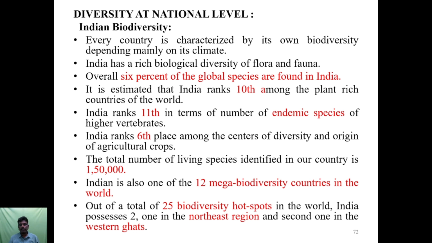The total number of living species identified in our country is 150,000. India is also one of the 12 mega biodiversity countries in the world. Out of a total of 25 biodiversity hotspots in the world, India possesses 2. One in the northeast region, second one in the Western Ghats.